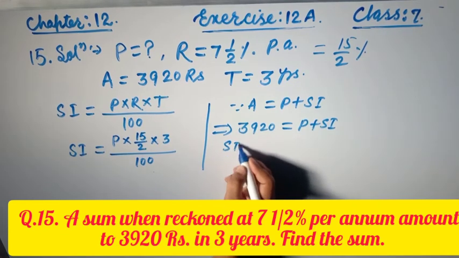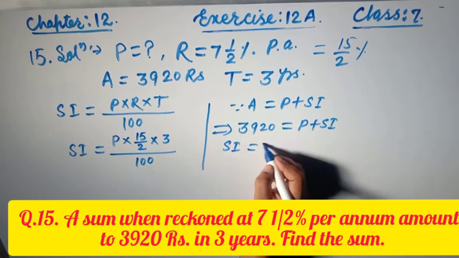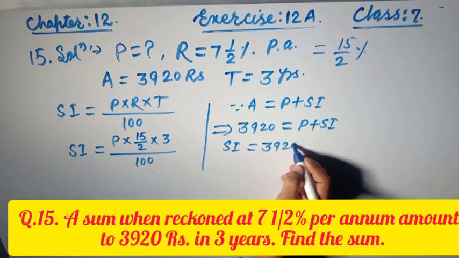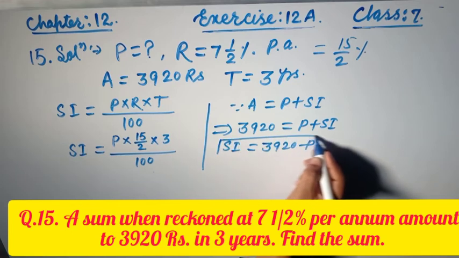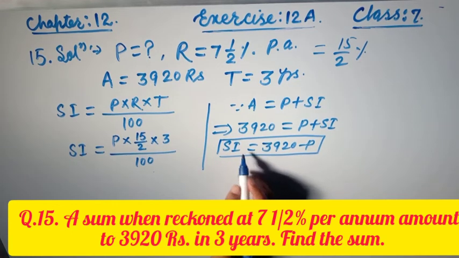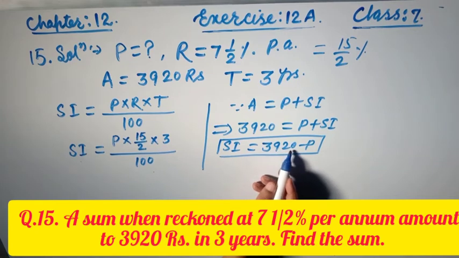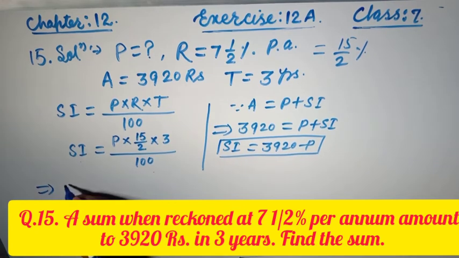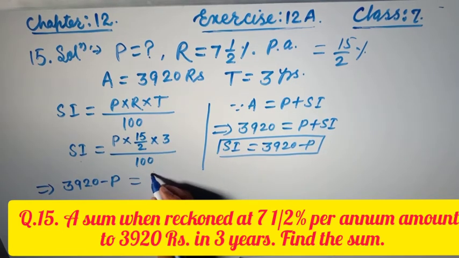This is P plus SI. So SI becomes, friends, if we bring P to the left hand side with minus sign, this is minus P. Now we have to place the value of SI as 3,920 minus P. Look, friends, the value of SI is here 3,920 minus P as it is. Now this is our right hand side, 15 times 3 is 45, this is P, and this 2 will come here and we multiply with 100, this is 200.